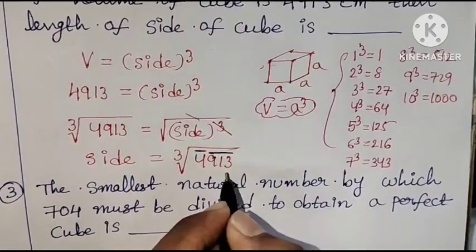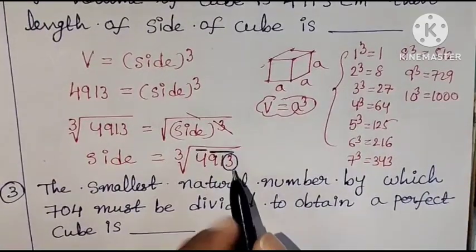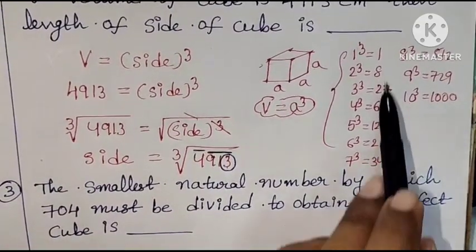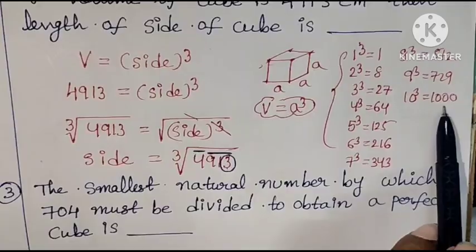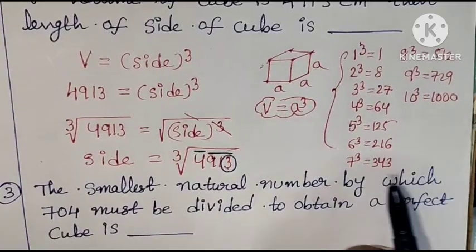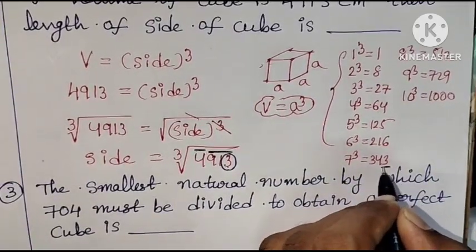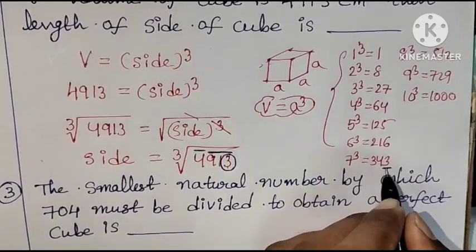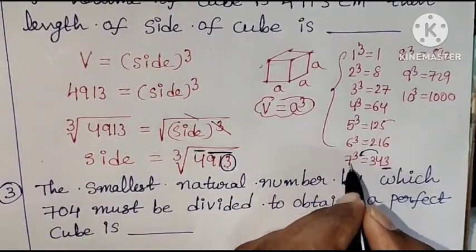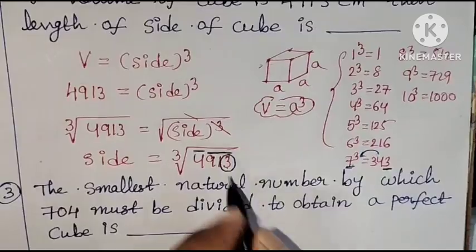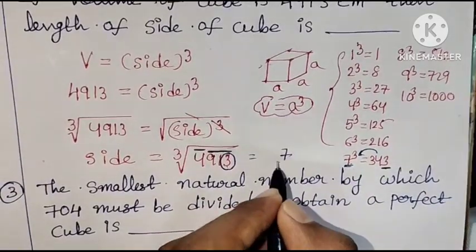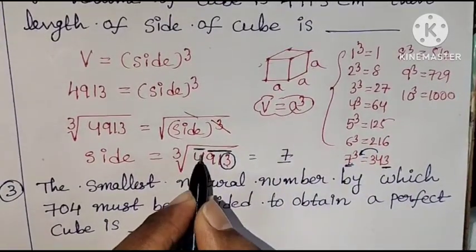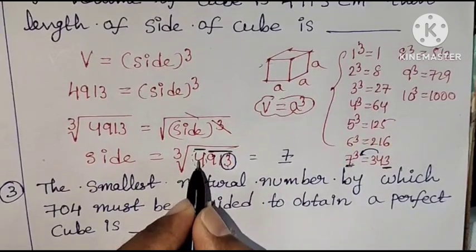In group 1, what is the unit digit? 3. So among these perfect cube numbers, which perfect cube number ends with 3? 343. And the cube root of 343 is 7. So the unit digit is 7. Next, what about the remaining group? 4.